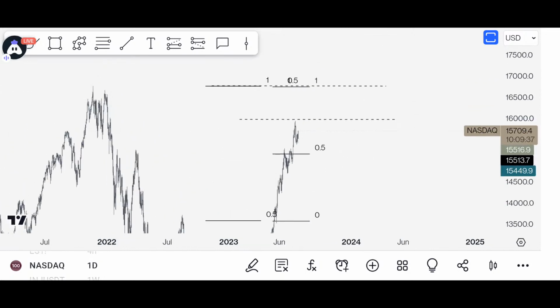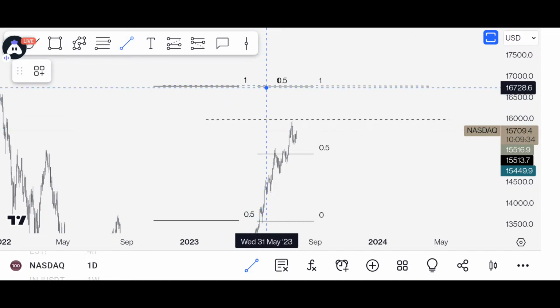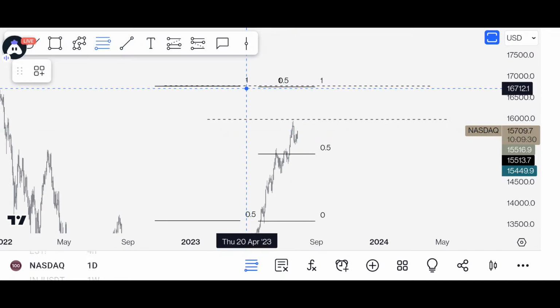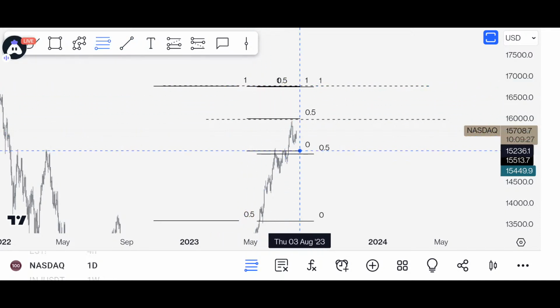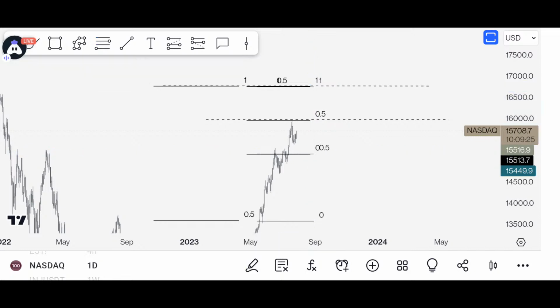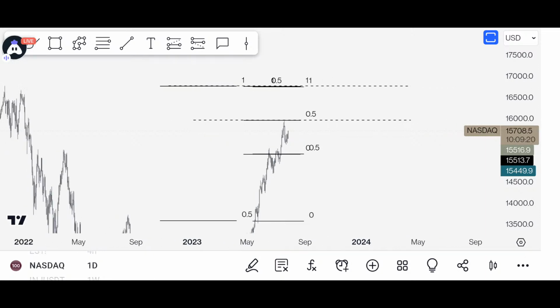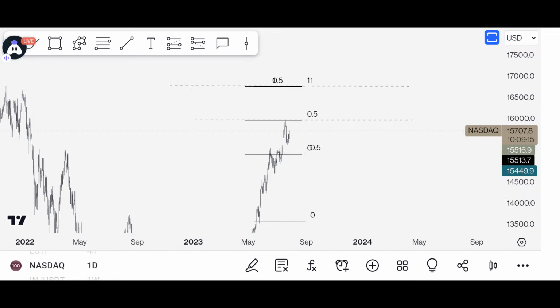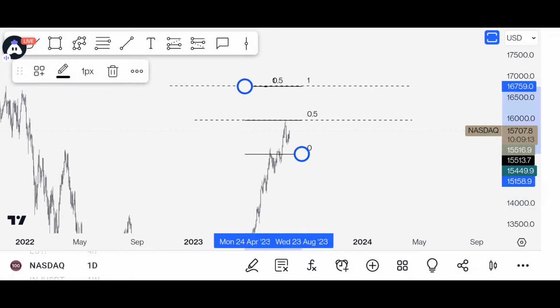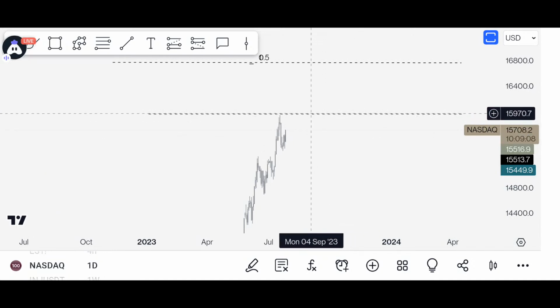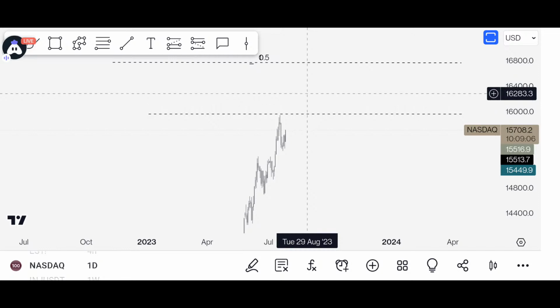Now to clarify more, we will draw another fib level. You can see this is our 0.5 fib level, the important point. So I will remove the rest of it and leave this one here. Above it is the premium, below it is the discount.